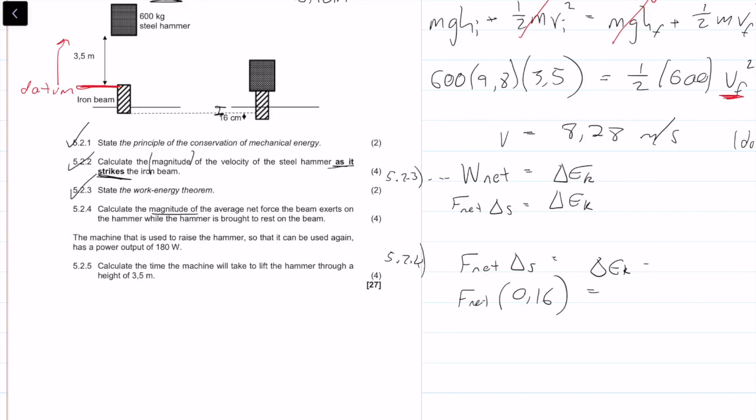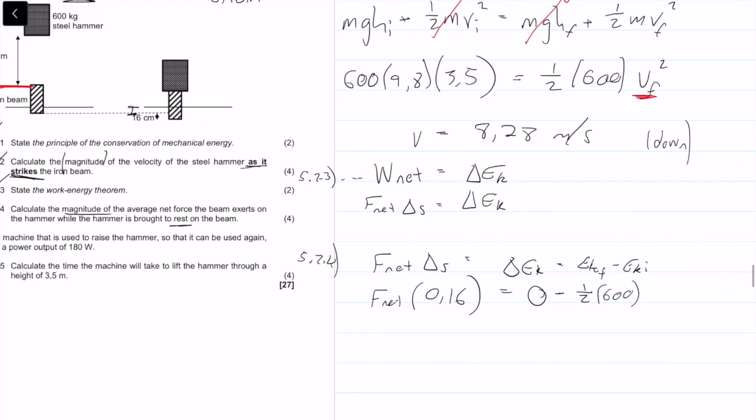Okay, so it's going to be EK final minus EK initial. Okay, so our EK final, it comes to rest, so it's going to be 0 minus a half times our mass, which is 600, times our velocity final squared. So our velocity we calculated as 8.28 squared.